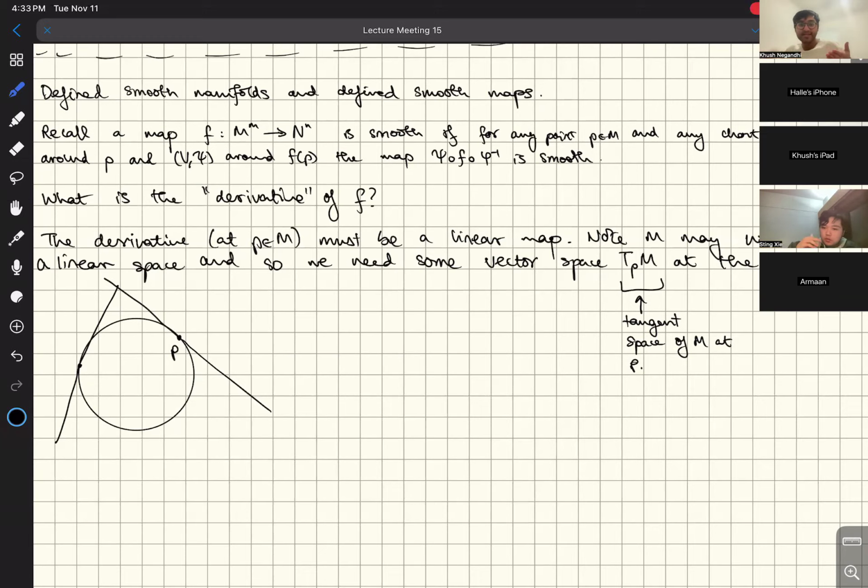This is basically the derivative of my trajectory. If I take the derivative, multiply it by the time step, and add it to my current position, assuming we have some ambient space where we can do all of this, this is just taking the derivative of the curve to get the velocity.